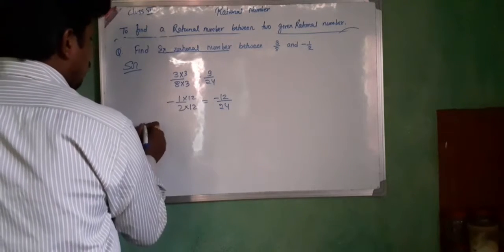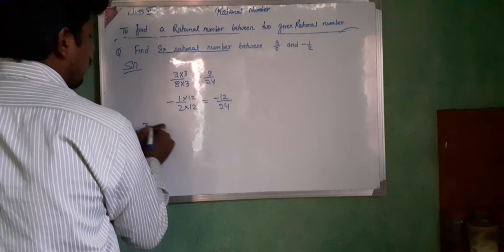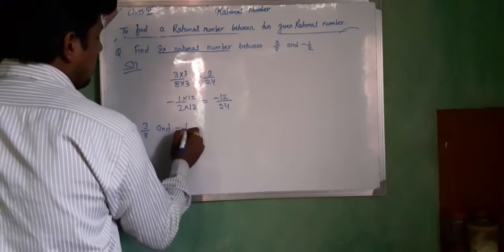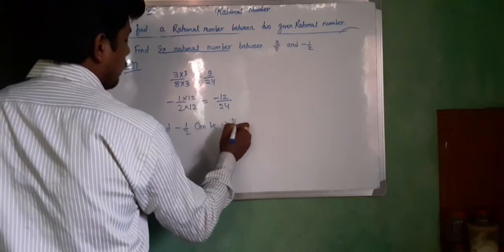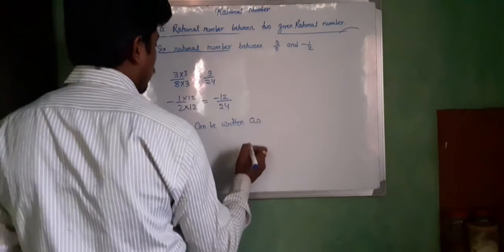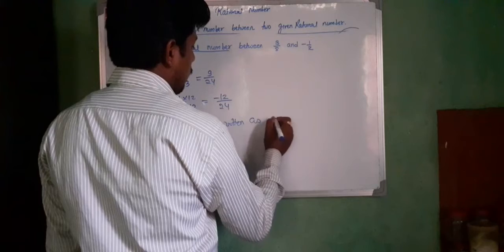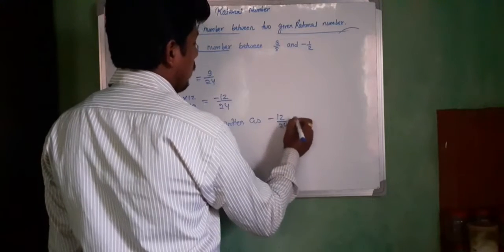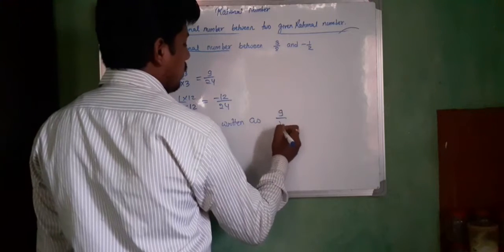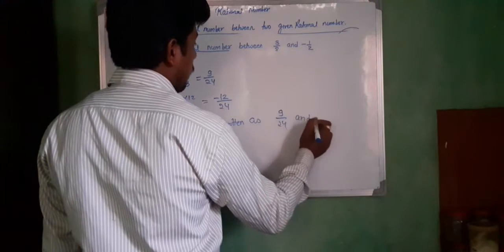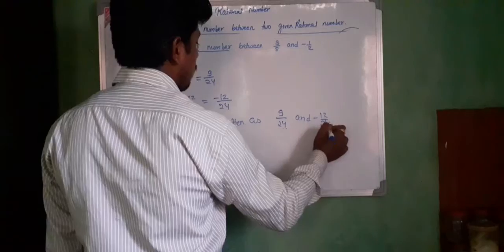Right now, 3 by 8 and minus 1 by 2 can be written as 9 by 24 and minus 12 by 24.